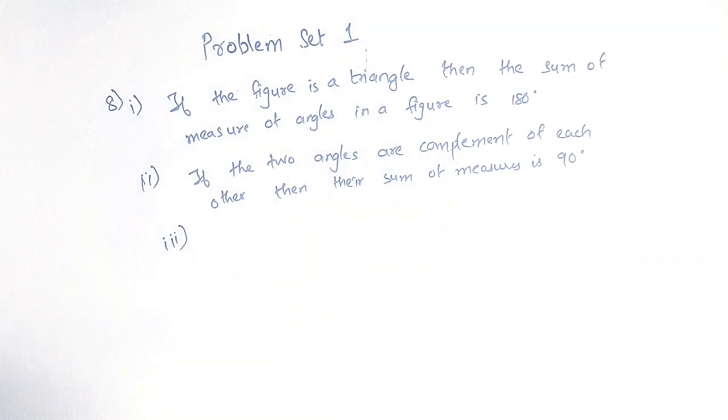Okay, third one: if the corresponding angles formed by a transversal of two lines are congruent, then the two lines are parallel. You know how corresponding angles are congruent when the lines are parallel. So here what will we write first?